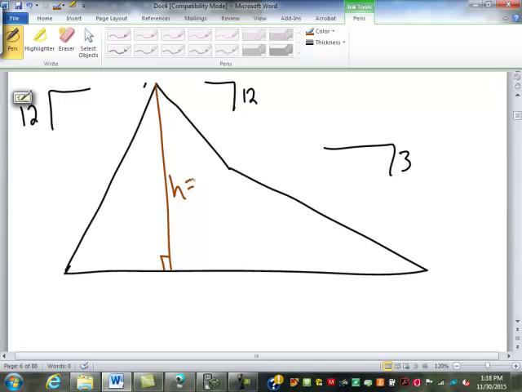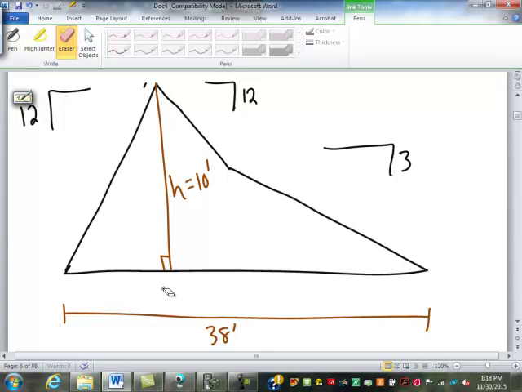I'm going to list the height here as 10 feet. I'm going to list the total span here as, what am I going to do here? 38 feet. Is that going to work?